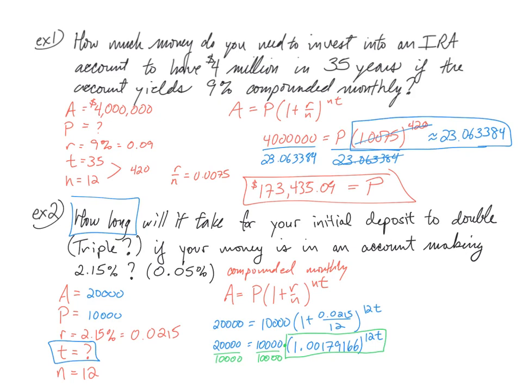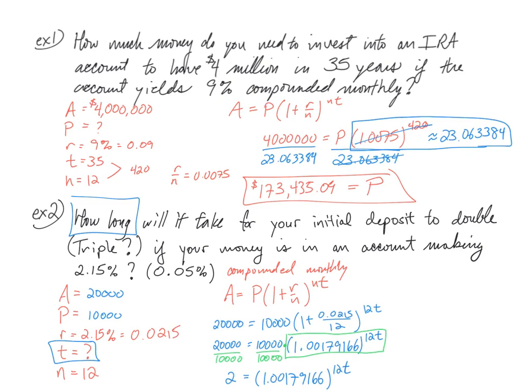And you can see here we will end up with 2, right? 20,000 divided by 10,000 is 2, times 1.001799166 to the 12t power. So when you are working with these interest equations, the possibility of getting a like base ever is near impossible.